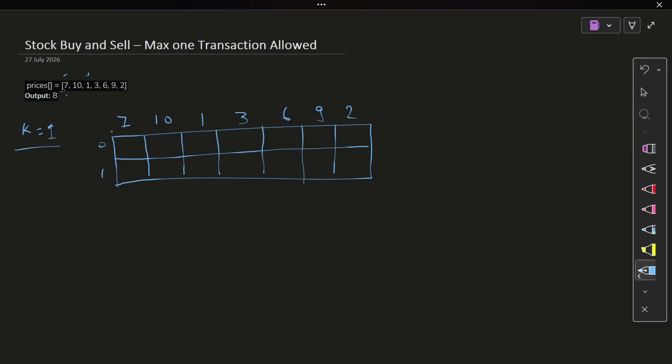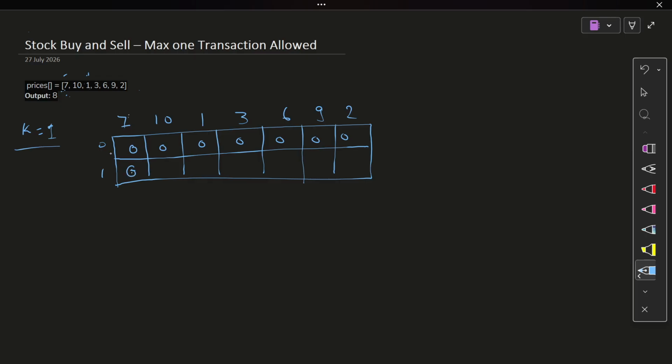Then suppose zero transactions happen, so all are zero. Suppose only one transaction is allowed, and here only one element, then zero.